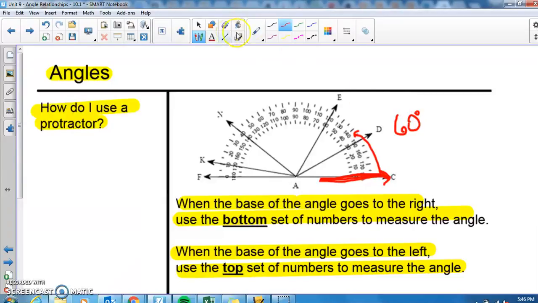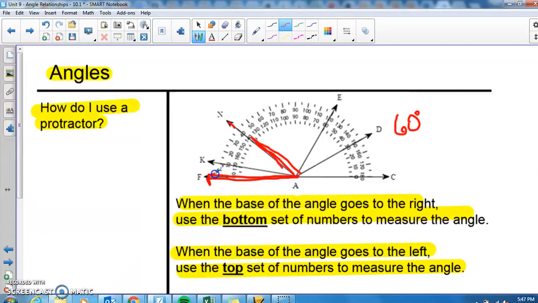Okay, let's do another one. If I take the angle that measures from letter F to A, and let me go back up to N. I'm not going to highlight this part right here, but from F to A to N. The base of this angle, where does the base point?